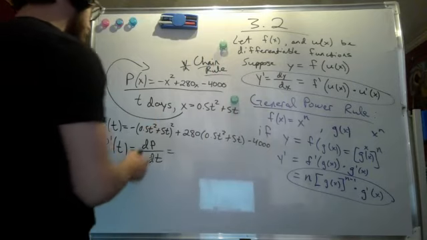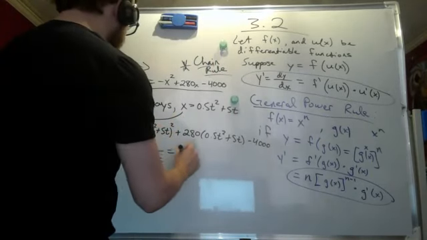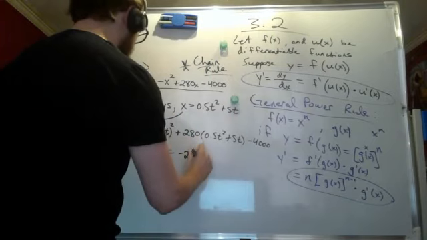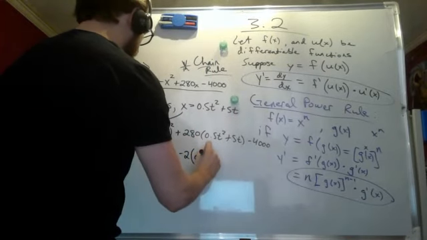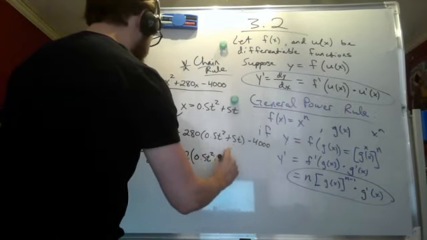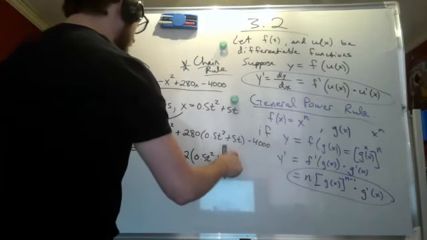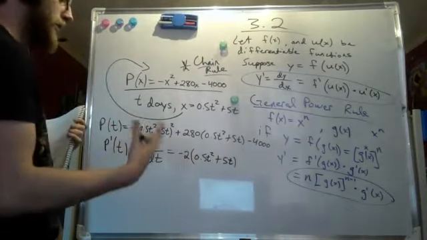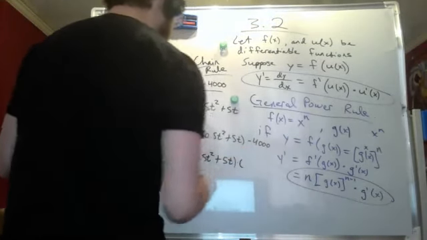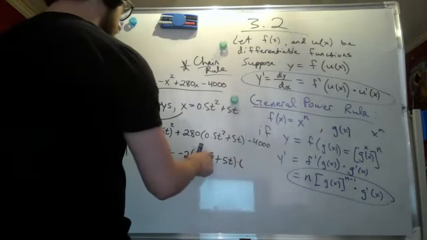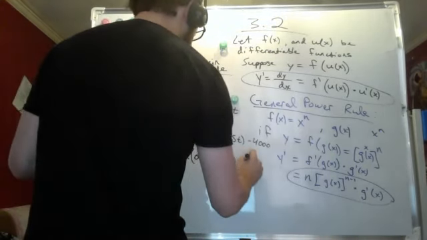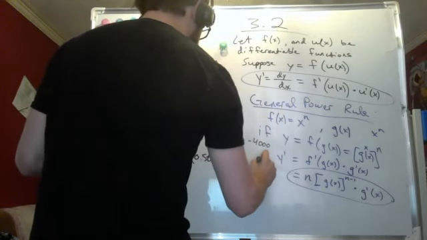So what do we have here? So the 2 comes down to the outside and leave our negative. So we got negative 2, leave the inside alone, (0.5 t squared plus 5t), power decreases by 1, so it becomes 1, times the derivative of the inside part. Well, 2 comes down, that's going to give us 1t plus 5.